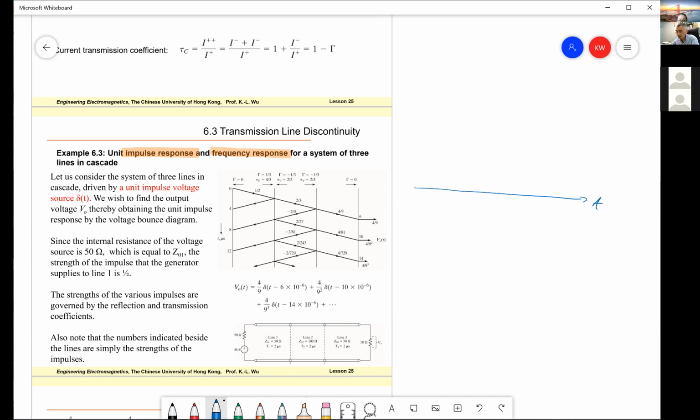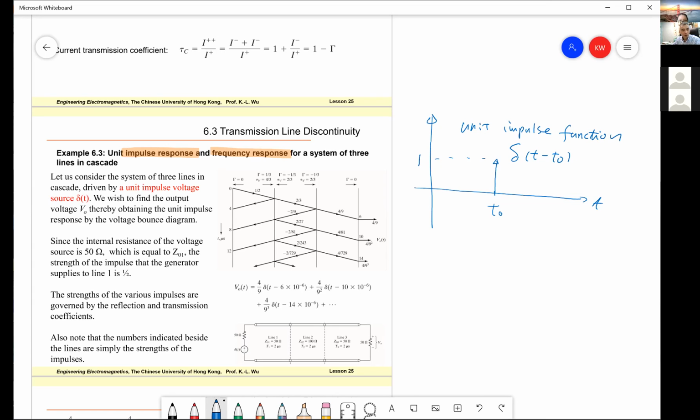If I have a time axis, then at any t0, if I launch a delta function with value equal to 1, this is called the unit impulse function.